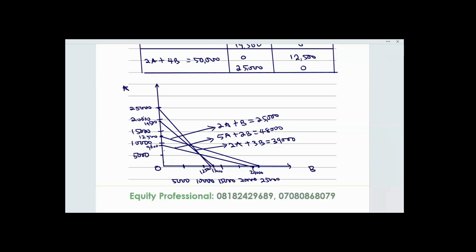So we manage this as it is. At this point, we need to determine the point of intersection between, let's write out the equation. This is equation 2A plus 4B equal to 50,000.